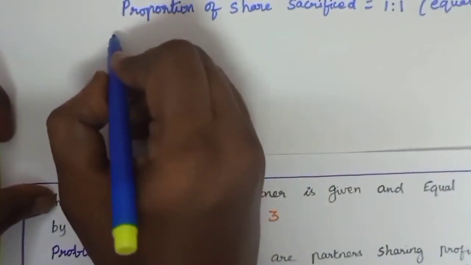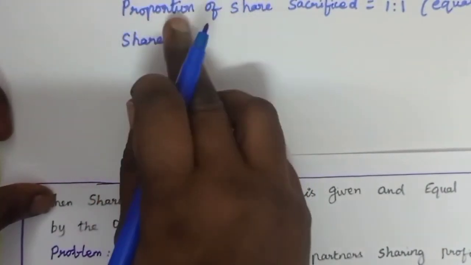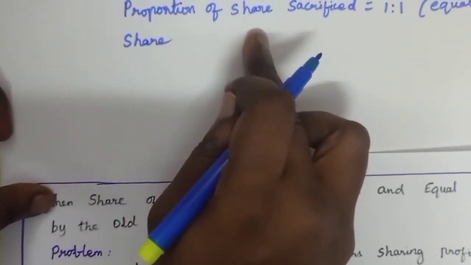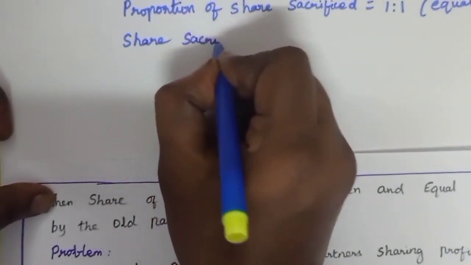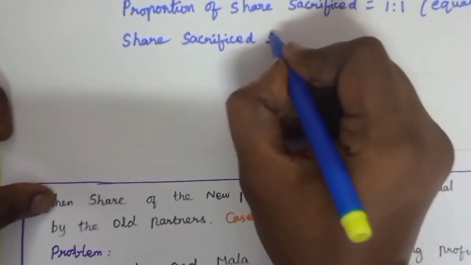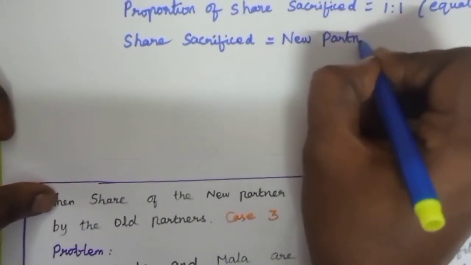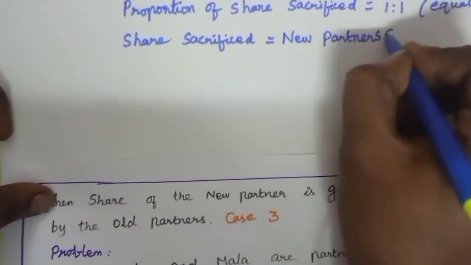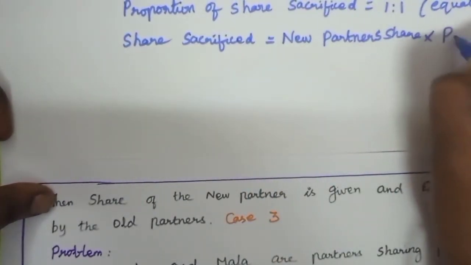This is the proportion of share sacrificed. We have to find out the share sacrificed by the partners. Share sacrificed is equal to new partner's share into proportion of the share sacrificed.